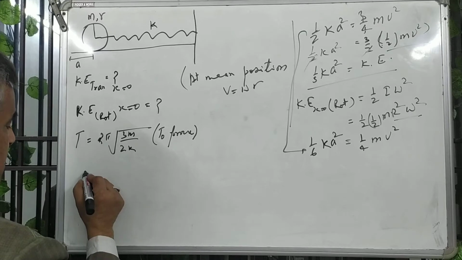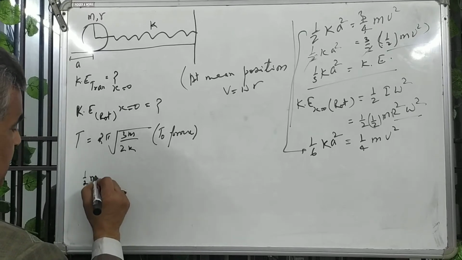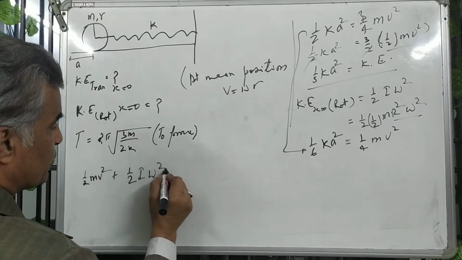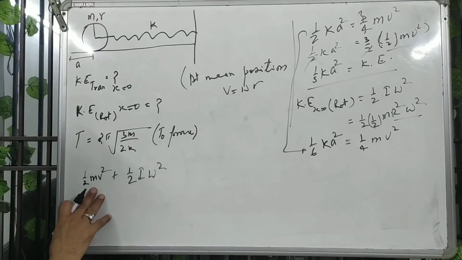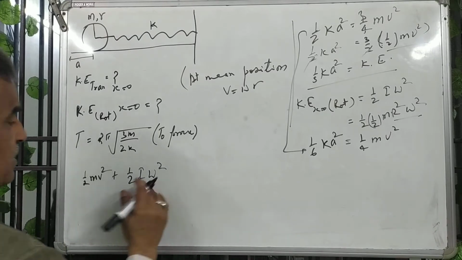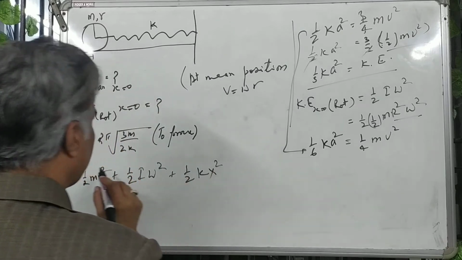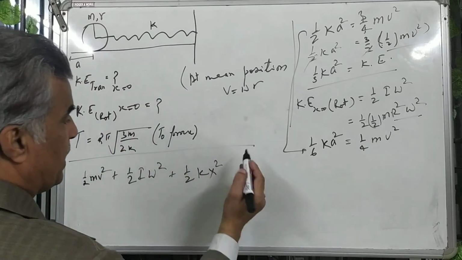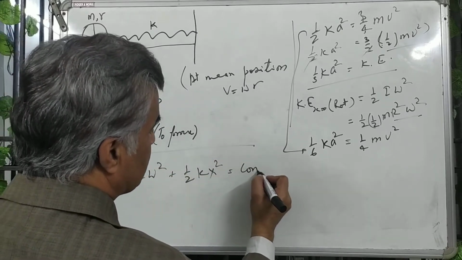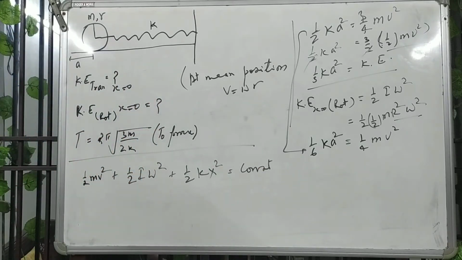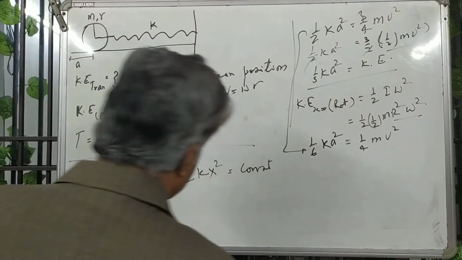So half mv square plus half I omega square, translational kinetic energy, rotational kinetic energy, plus half kx square. This is the total energy in the system, and this will always be constant. Total energy in a system of motion is constant.